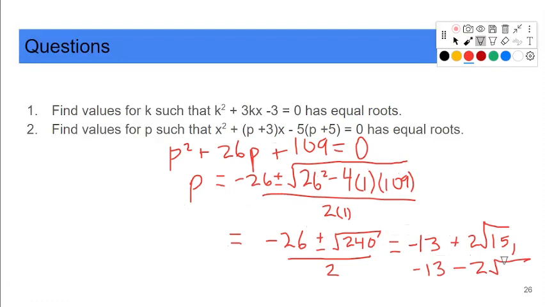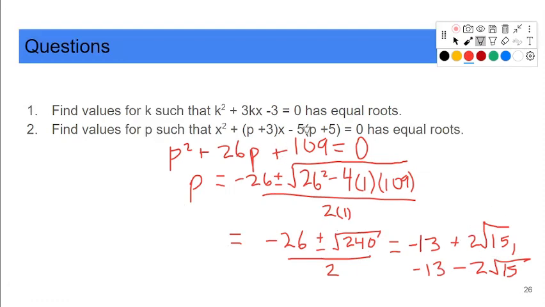And these are the exact same things as what he told me. One is negative 5.25, and the other one is negative 20.7. So if you don't know surds, you can just put this in your calculator and it'll give you the answer. And if you do know surds, you can also write it like that.